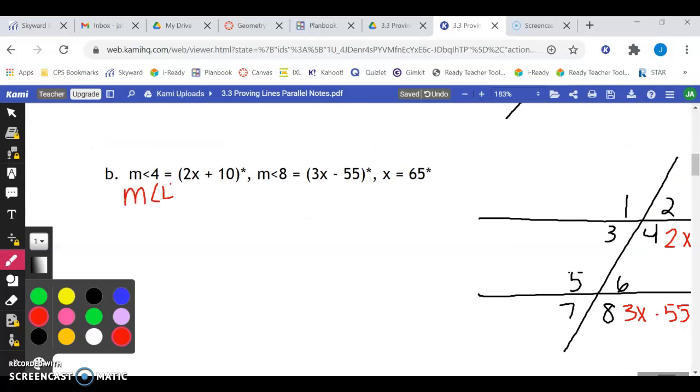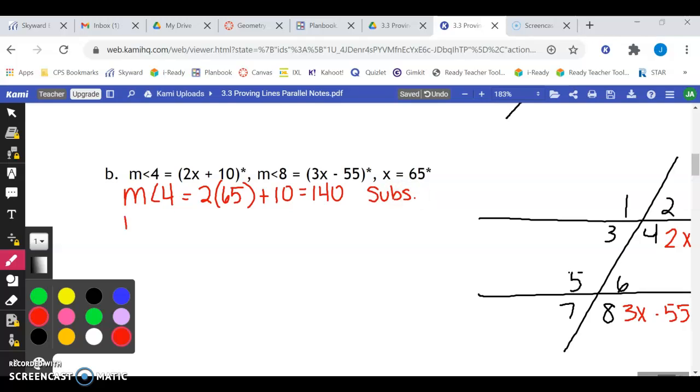The measure of angle 4 equals 2 times 65, since they told us x was 65. 2 times 65 is 130, and 130 plus 10 is 140. I did that using substitution because I just replaced the x with the 65.